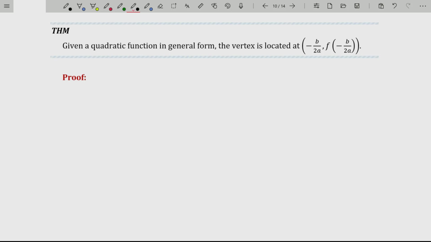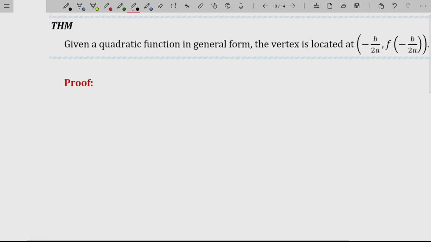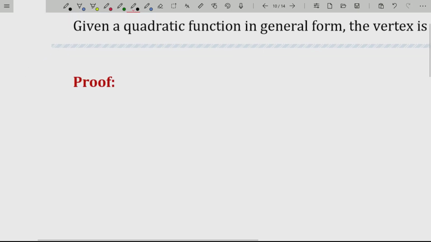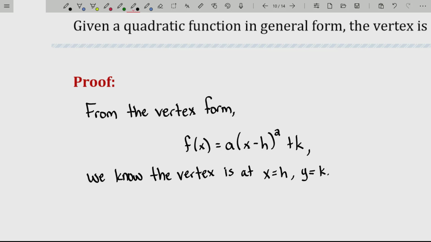The proof of this actually is a really nice example of how proofs should really look in an algebra course. So here we go. We'll start with a form of the quadratic function where we know where the vertex is, which is called the vertex form. From that vertex form, we know that the vertex is at x equals h and y equals k.